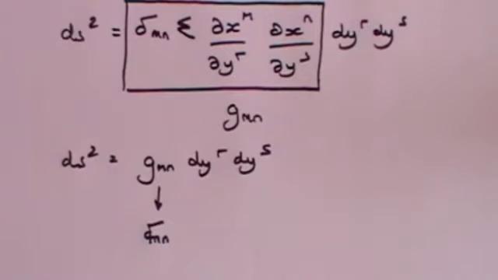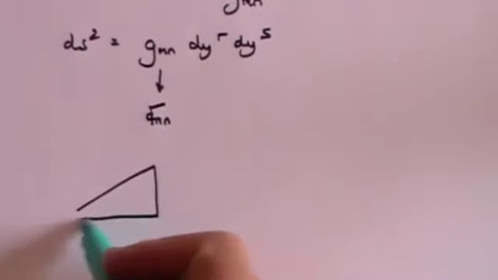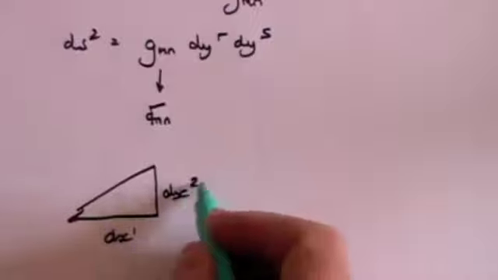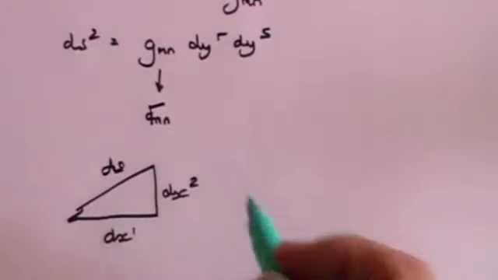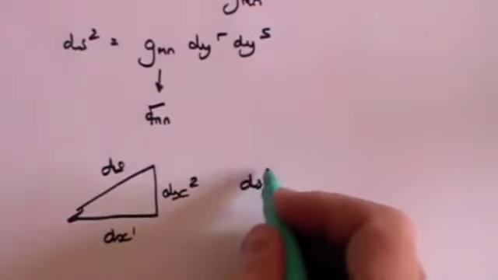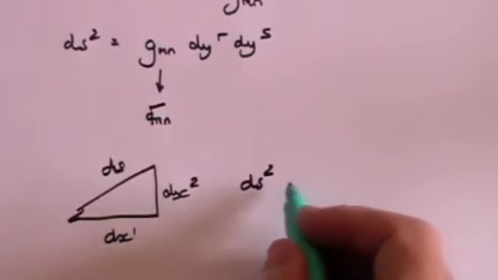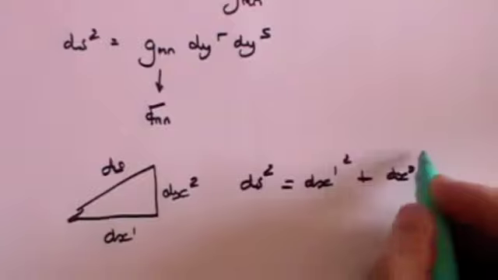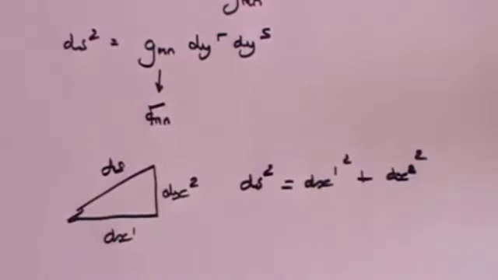Suppose you aren't in flat space. In flat space, it is perfectly true that if that's dx1 and dx2 and that's ds, ds squared equals dx1 squared plus dx2 squared. That's Pythagoras in flat space.